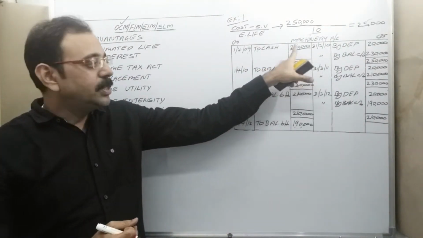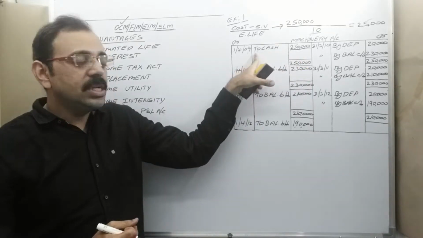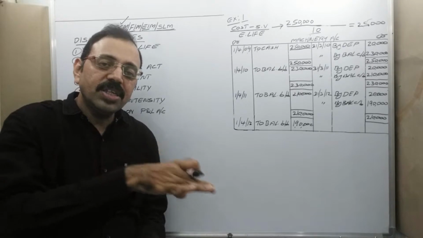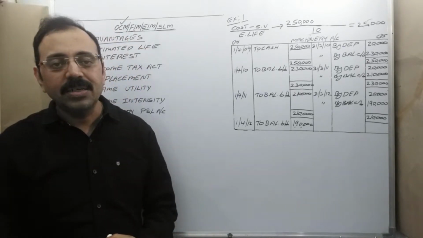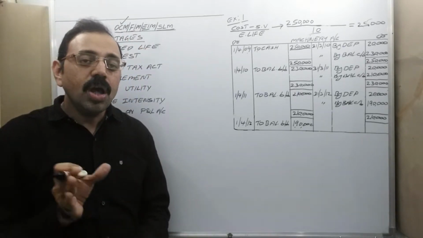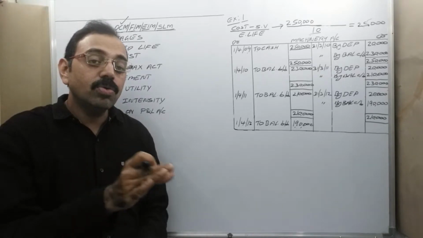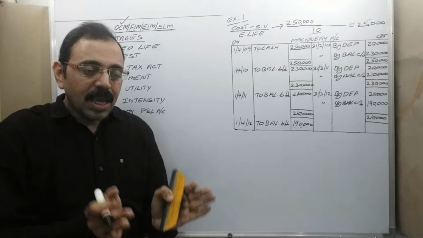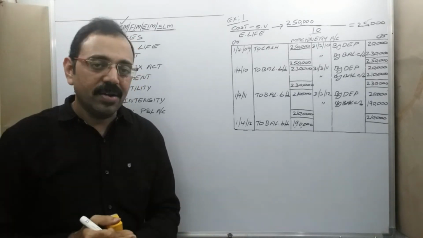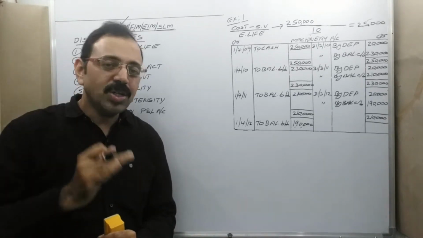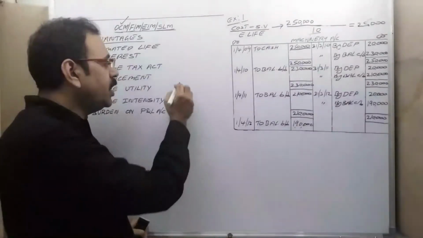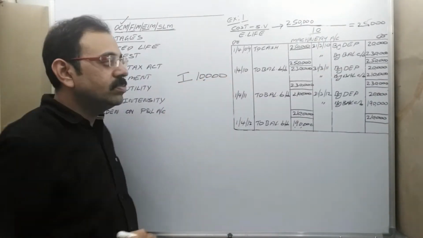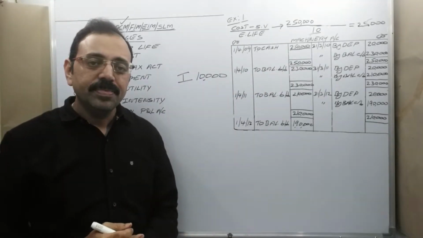2,50,000 we spent to purchase this machinery. Means this much of capital is invested in this particular asset, machinery. Instead of spending 2,50,000 rupees on machine, if this amount is invested elsewhere, then we get some interest on that, no? Assume that we get 10,000 interest on this amount.